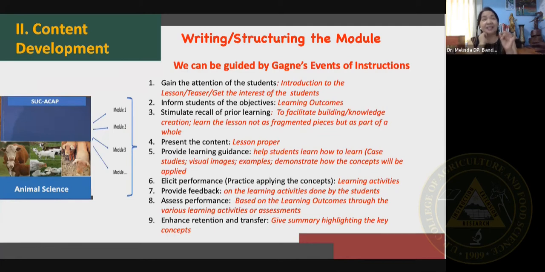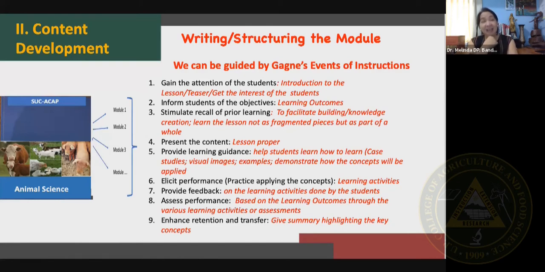Di ba? Something like, we can say a practical application of the concept. So, halimbawa, kanina photosynthesis yung example na ginawa ko doon sa learning outcomes generator. Especially sa mga bata, sa basic ed, very important ito. So halimbawa, have you ever wondered bakit ang mga puno ay may bunga?